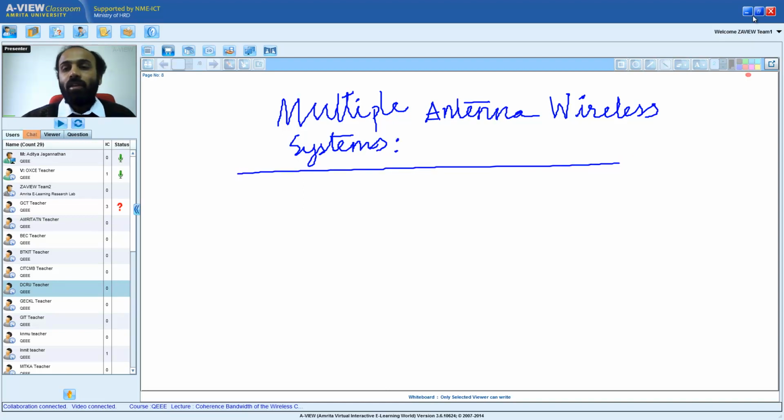As many of you might be aware, multiple antenna wireless communication is one of the latest advances in wireless communications. So let me write it down.